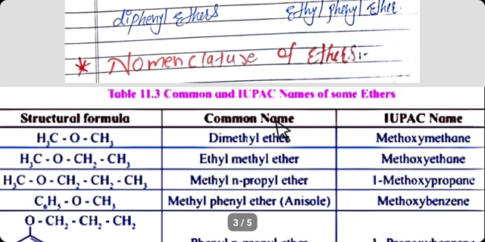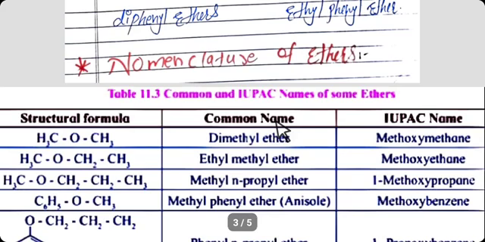First we take common name. In common name, simple ethers are named as dialkyl ether or diaryl ether. Students, remember it. Simple ethers in common name are named as dialkyl ethers.